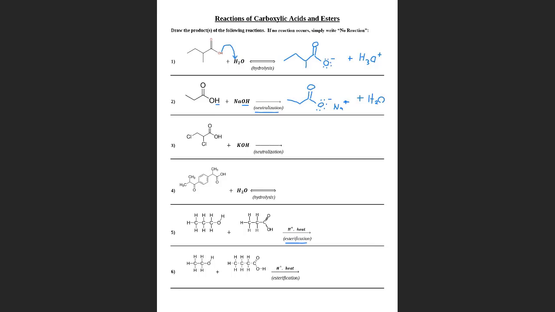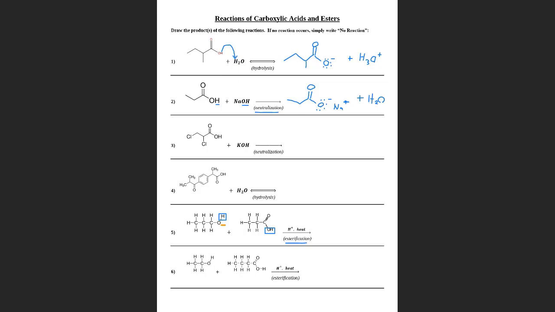You get the OH from the carboxylic acid and the H from the alcohol come together and form water. And then the other two pieces stick together. This oxygen, whoa, I don't want that.